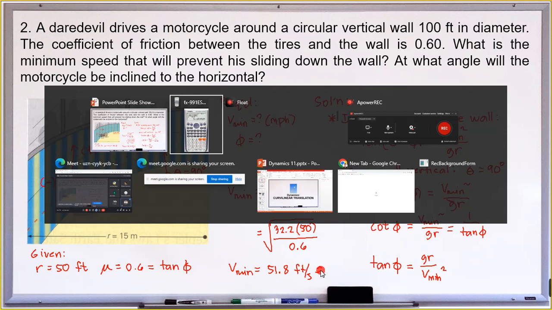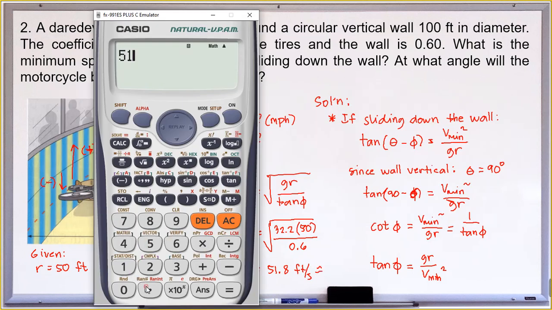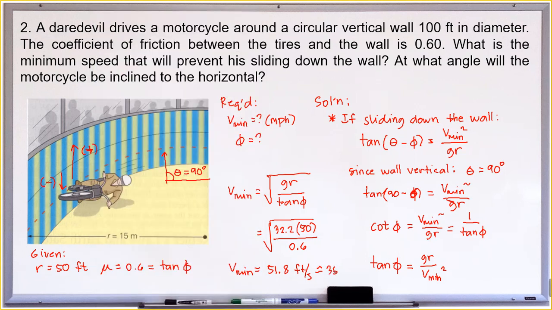In miles per hour, we take 51.8 times 1 mile over 5,280 feet, and 3,600 seconds equivalent to 1 hour. The result is approximately 35.3 miles per hour.